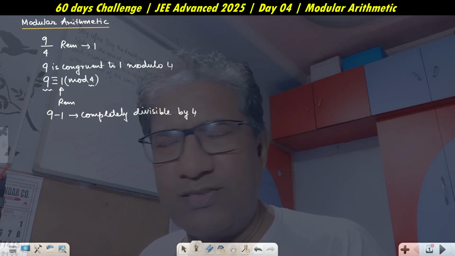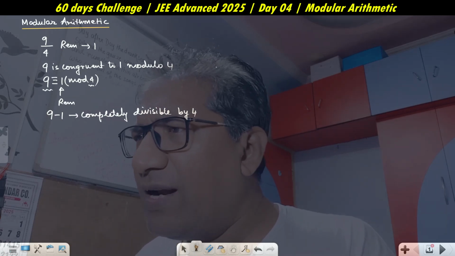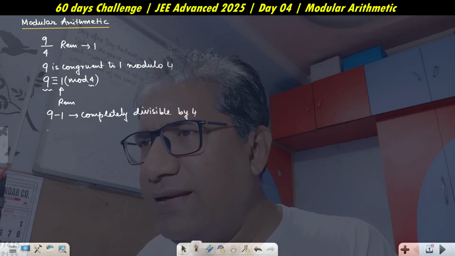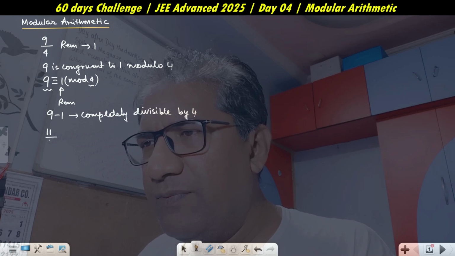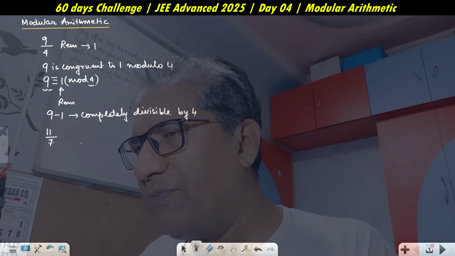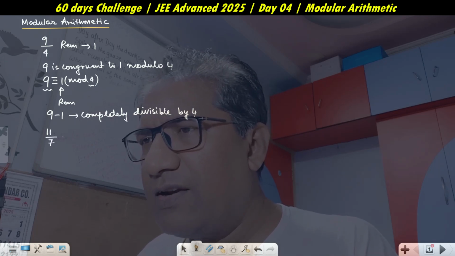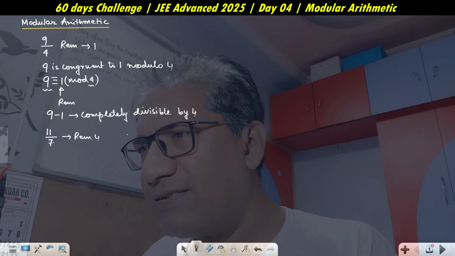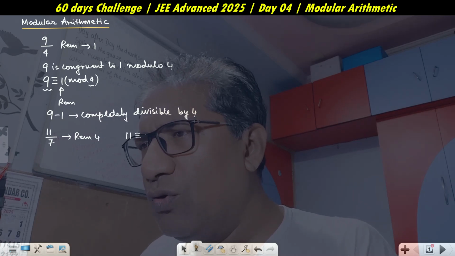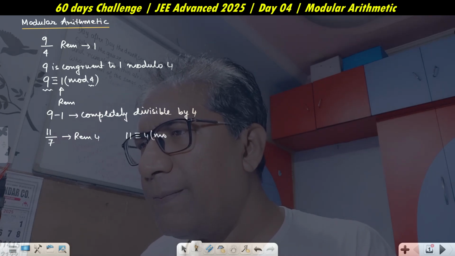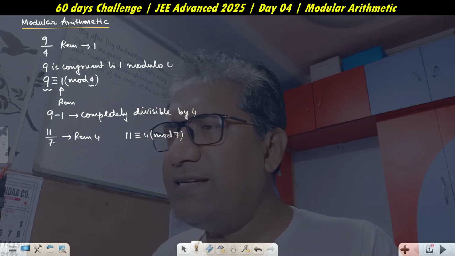Have you understood this? Let me take one example. Say when 11 is divided by 7, what is the remainder? The remainder is 4. So how will we write this? 11 is congruent to 4 modulo 7, right?